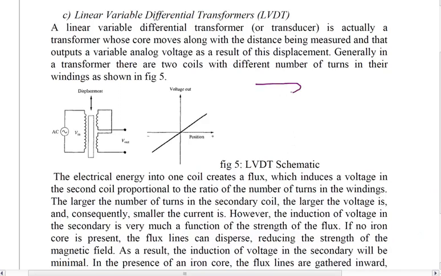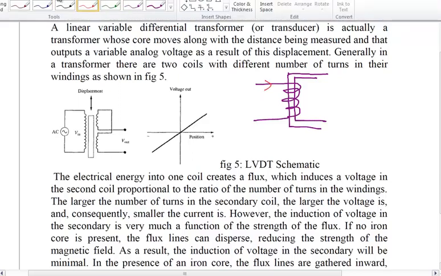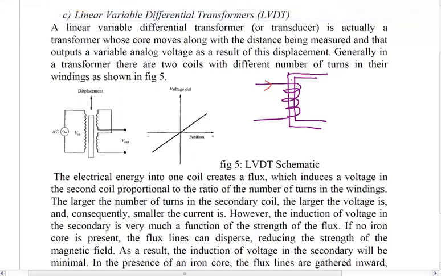Based on the number of windings, if you keep an iron core in between, because of the current passing through this wire, a magnetic field will be generated in the core, and that magnetic field will travel through the core and magnetically energize it.